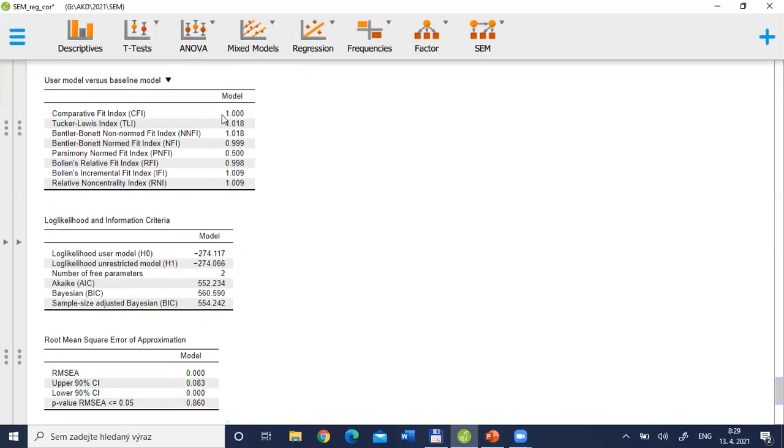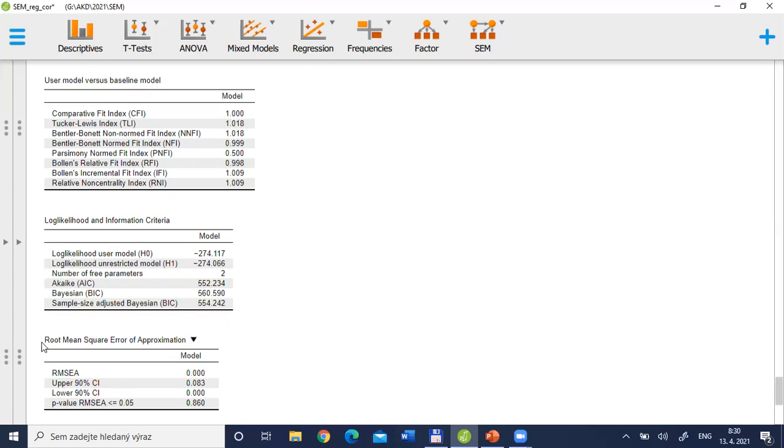So these statistics from this first table, CFI, TLI, NNFI, RNI, etc., should be big values. Usually the recommended thresholds are approximately 0.9, sometimes 0.95. So as you can check here, these thresholds are followed by my model, so it seems good for this example.